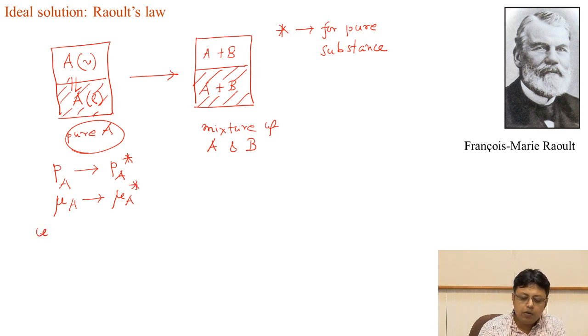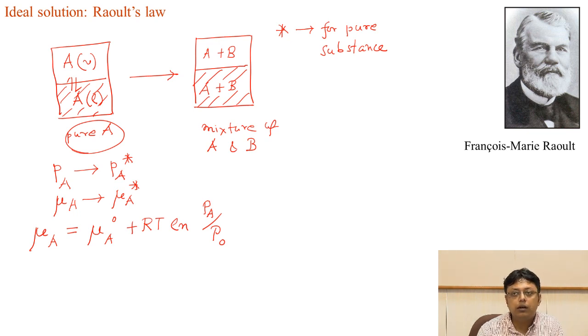So before mixing, mu A star was equal to mu A0 plus RT ln PA star by P0. Here PA star is the initial pressure of the gas. Initial pressure means the partial pressure, which is nothing but the total pressure, and P0 as before is taken to be 1 bar.